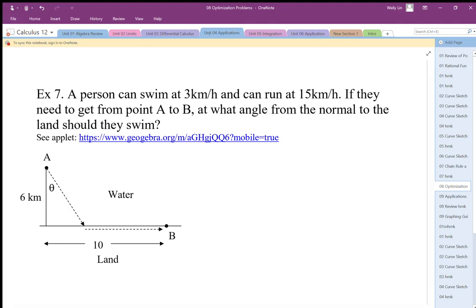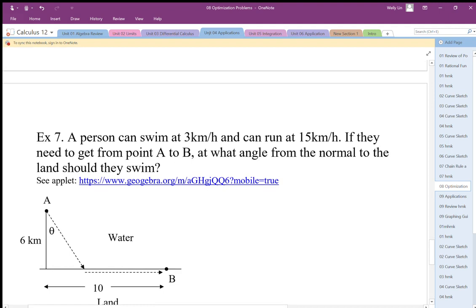First of all, we need to remember our little triangle: distance is velocity times time. If I want to minimize time, at what angle should they swim to get there the fastest way they can?